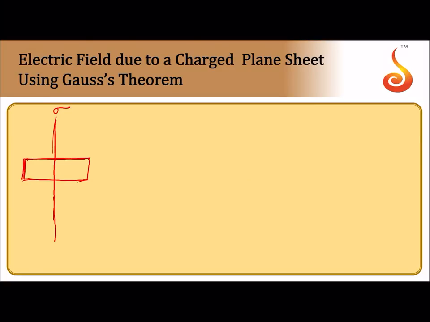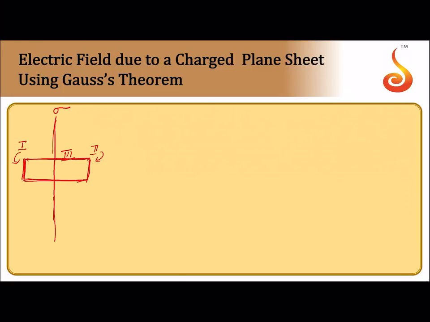If you look at the previous diagram, this is the Gaussian surface. Now this Gaussian surface has three surfaces. Which three? Flat surface 1, flat surface 2 and curved surface 3.